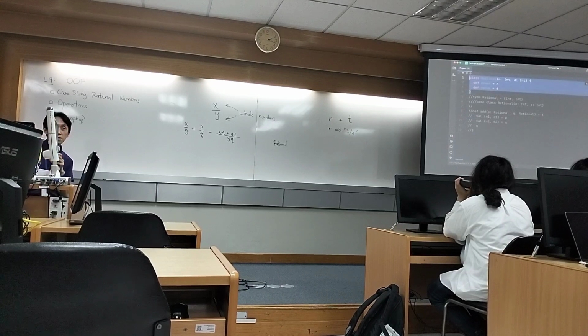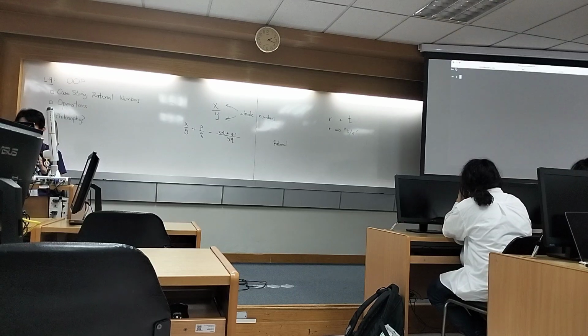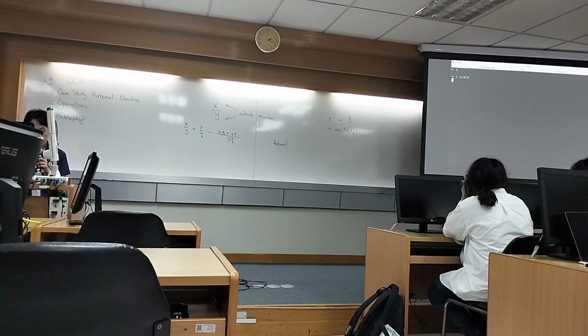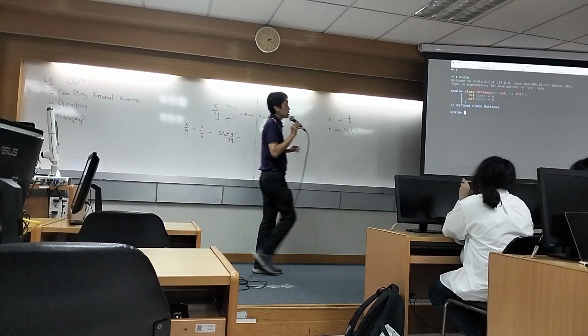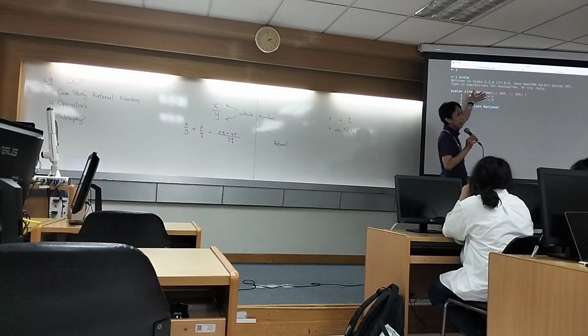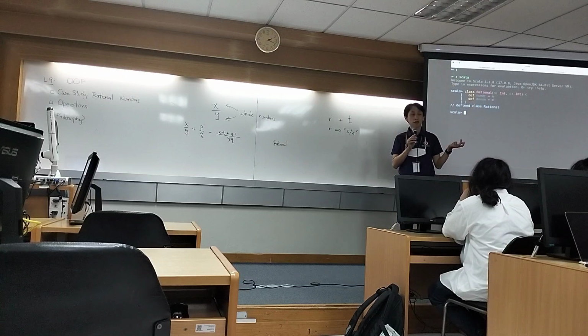This nice little piece of code, when added to the REPL, is going to do two things. One, we have created a data type. The name is rational. It comes because we have defined a class.